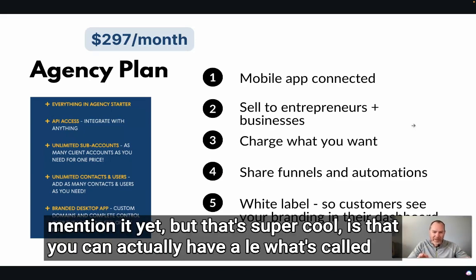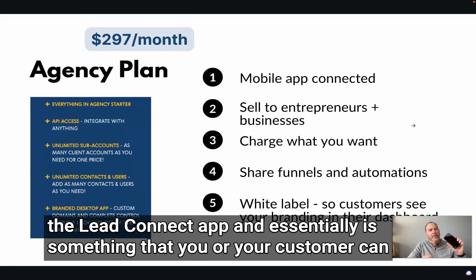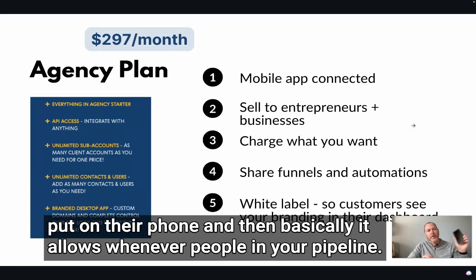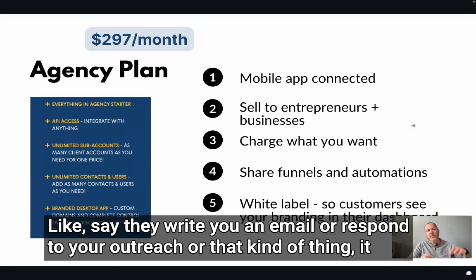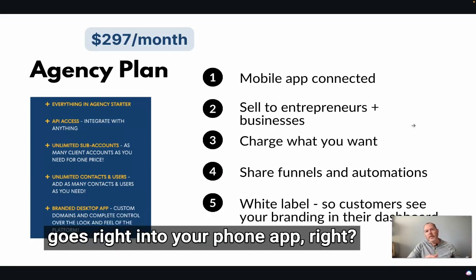The other thing here, which is at the very top of my list, and I didn't mention it yet, but that's super cool, is that you can have what's called a Lead Connect app. It's something that you or your customer can put on their phone, and whenever people in your pipeline write you an email or respond to your outreach, it goes right into your phone app, right?